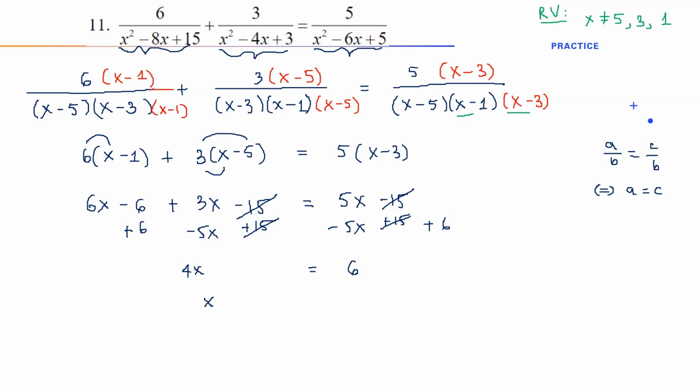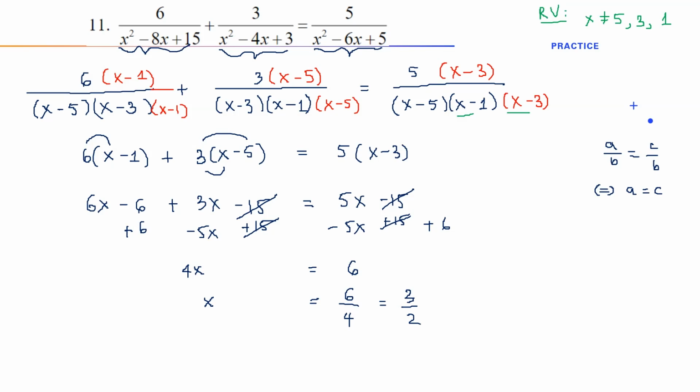So x equals 6 divided by 4. We divide both sides by 4. And we simplify it by factor of 2. So it will be 3 over 2. And it's not done. Whenever we're working on this type of questions, we have to look back for the restricted value.